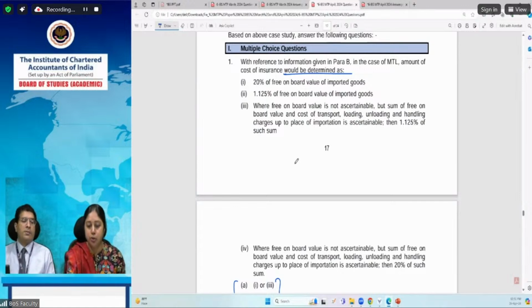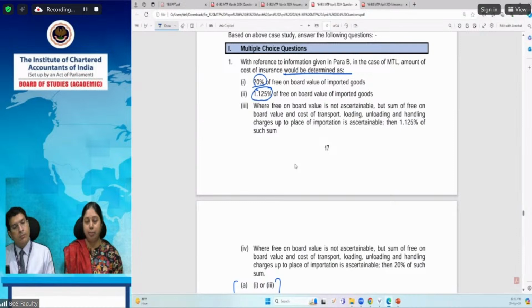The options given to you are 20% of the FOB value or 1.125%. In fact, this MCQ requires the clear application of Rule 10 of the Customs Valuation Rules 2007. This is 1.125% of the FOB value in case the FOB value is available.